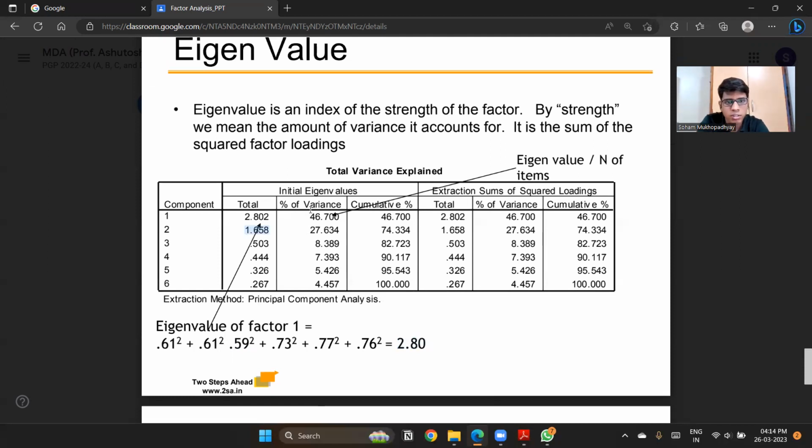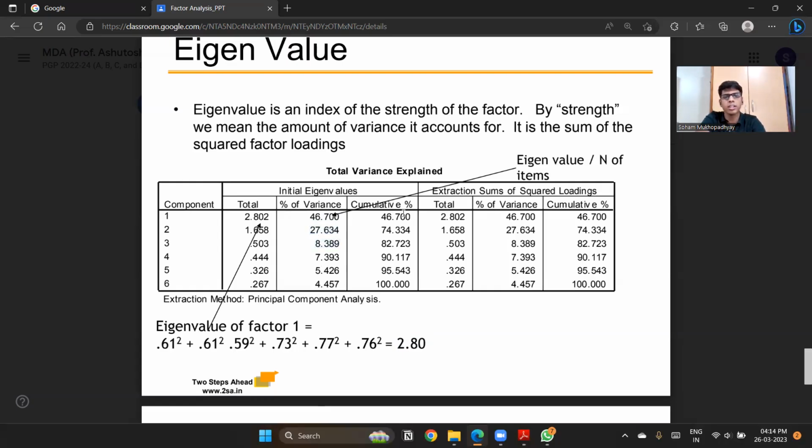And let's say the first factor itself is explaining 46.7% of the variance in all the variables over there. As you can see, the more factors you add into your analysis, the more factors you extract, the more and more of the variance in your data will be explained.